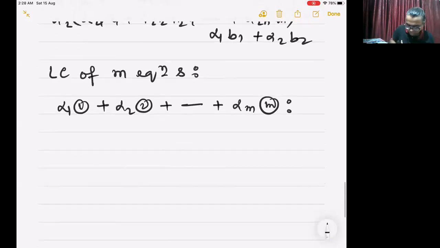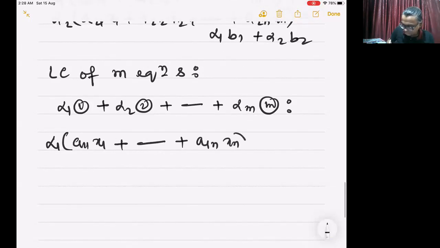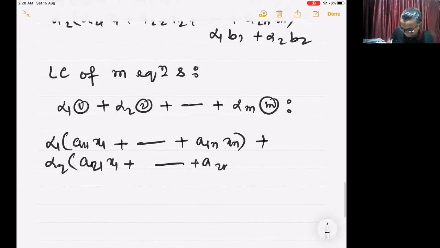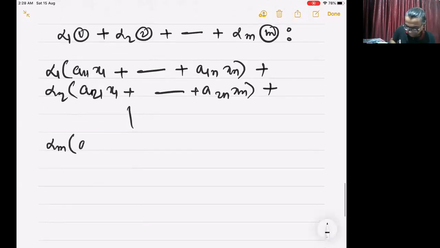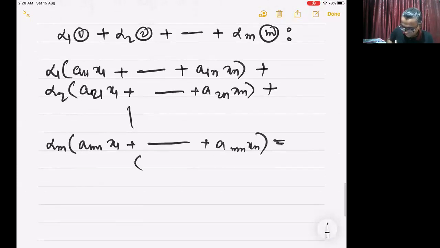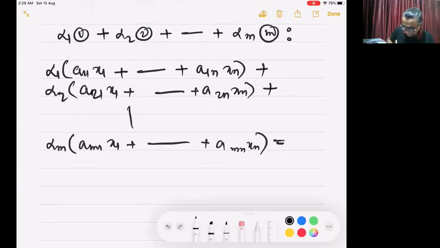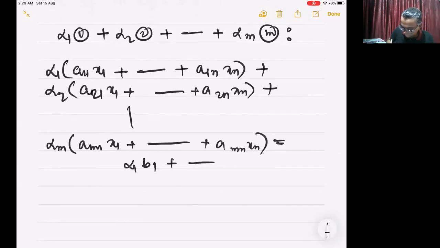Well, alpha 1 into a11 x1 plus dot dot dot a1n xn, plus alpha 2 into a21 x1 plus dot dot dot a2n xn, plus dot dot dot alpha m into am1 x1 plus dot dot dot plus amn xn, must then be equal to alpha 1 b1 plus dot dot dot alpha m bm. That's the linear combination.